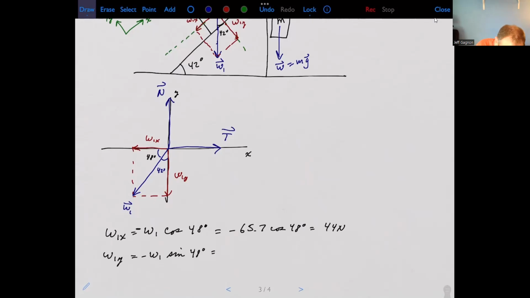Or if you really want to use this other angle, then since it's adjacent, it'd be cosine of 42. Sine of 48 is the same as cosine of 42. So this is going to be negative 65.7 times sine of 48 degrees, which turns out to be 48.8 newtons.